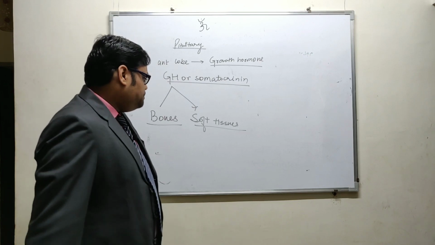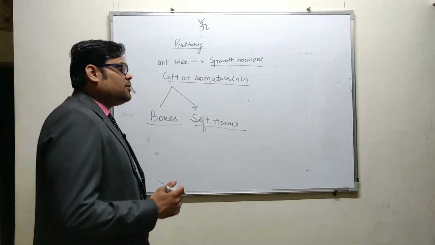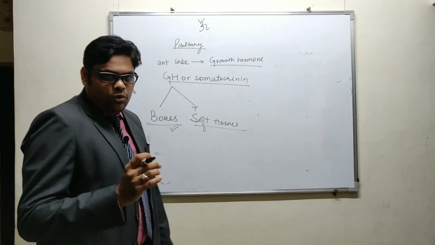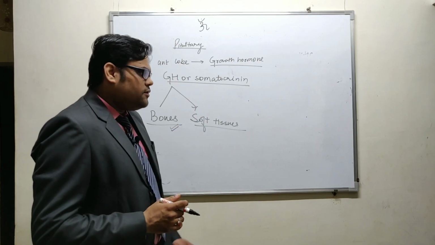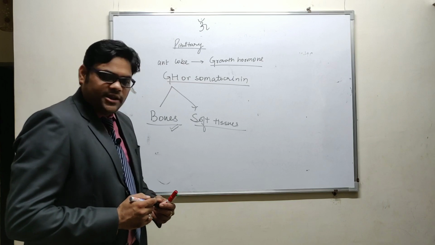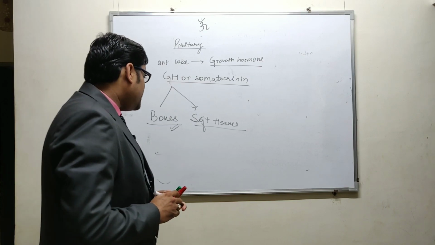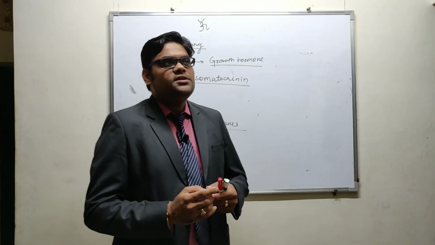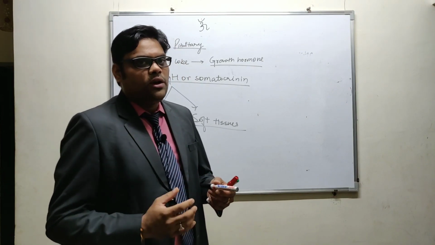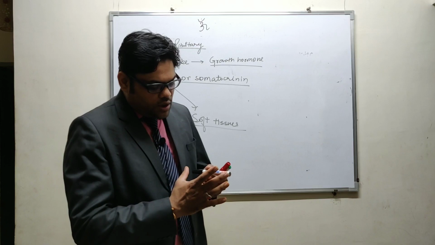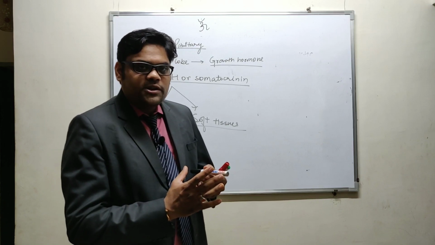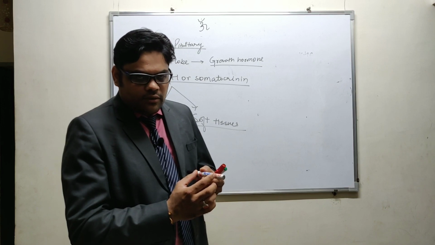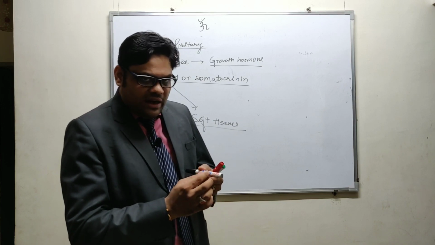Now coming to the function of growth hormone on the bones, one thing I want to tell you, especially for the NTSC exams and the JSO exams: the growth of the bone always starts from the middle, near the ends.